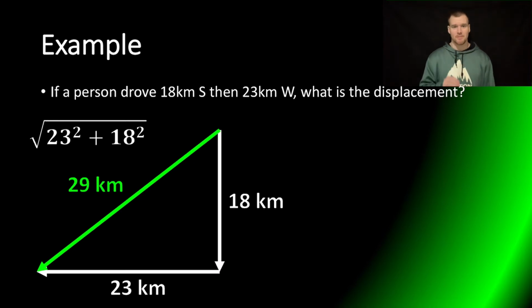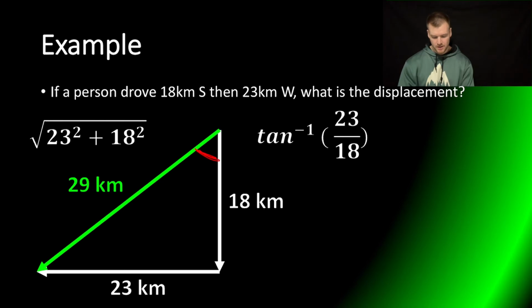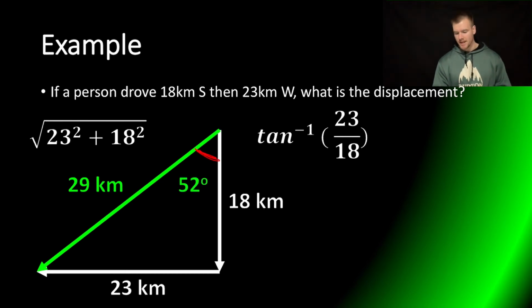So similar to the examples from the previous day. But since this is a displacement and it's a vector, we also need to take into account the angle. Looking at the top where the person began, I need to find that angle and use my opposite and adjacent sides. The opposite is 23, the adjacent is 18. Again, we're looking at this angle right here, and I'm getting a value of 52 degrees.